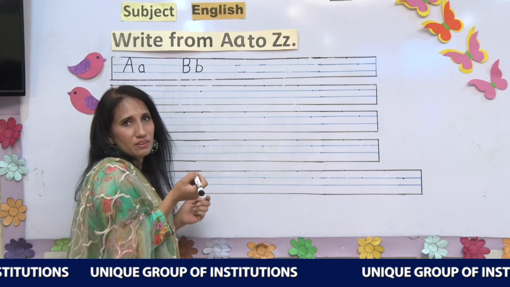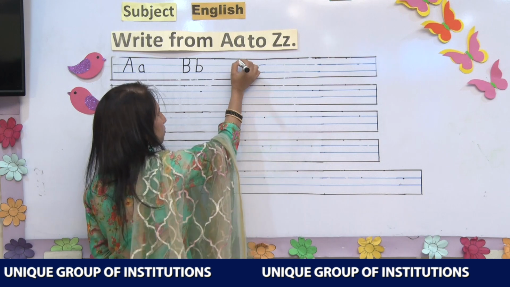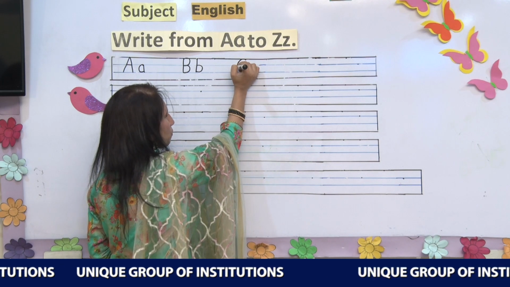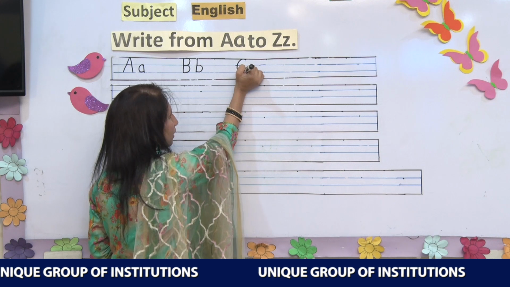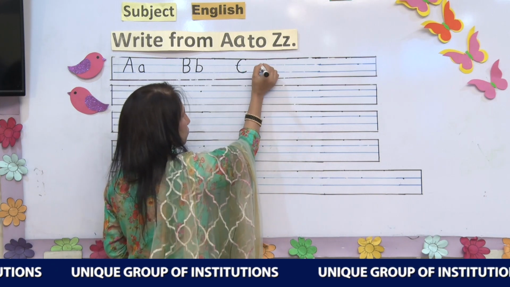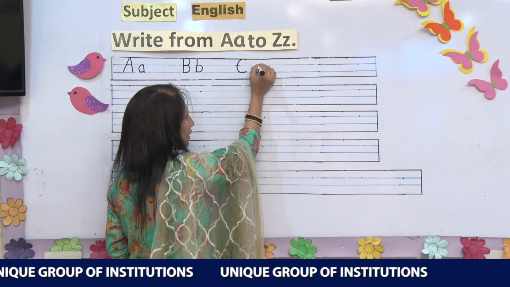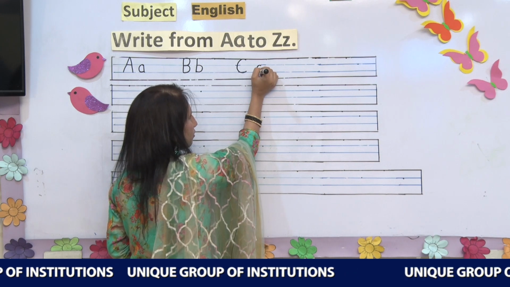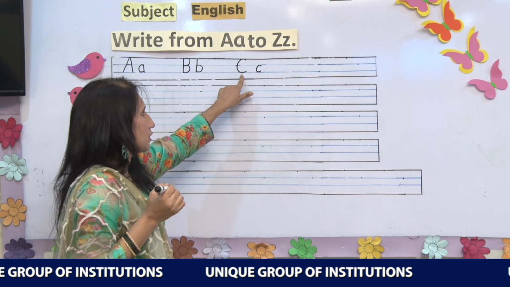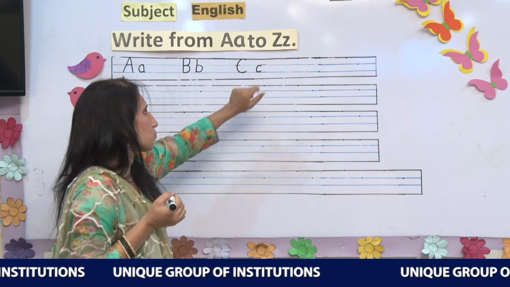What is the next letter? And now we will write letter C, the capital one. In first three lines we will make half circle like this, and this is our letter C. And the small letter C will be written in the center of these two lines, middle lines. This is the C capital and C small.